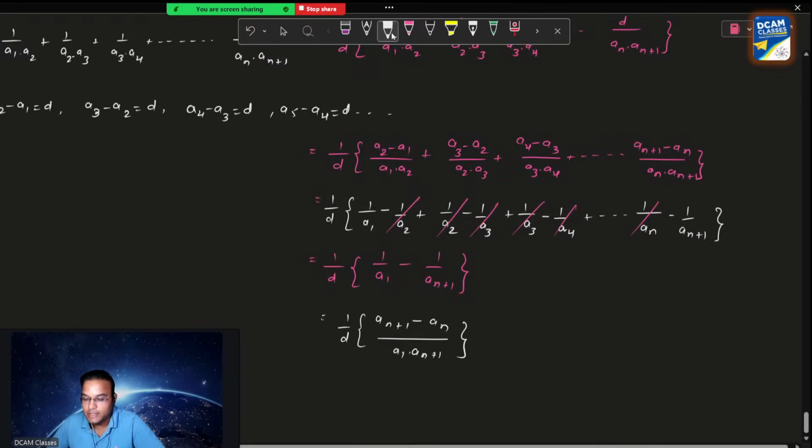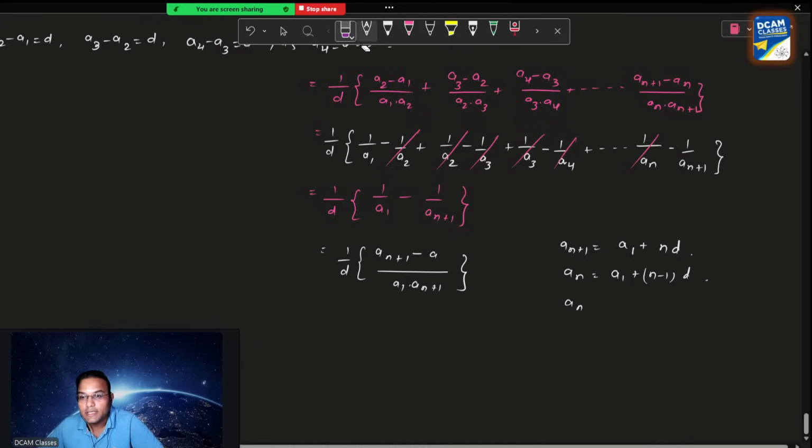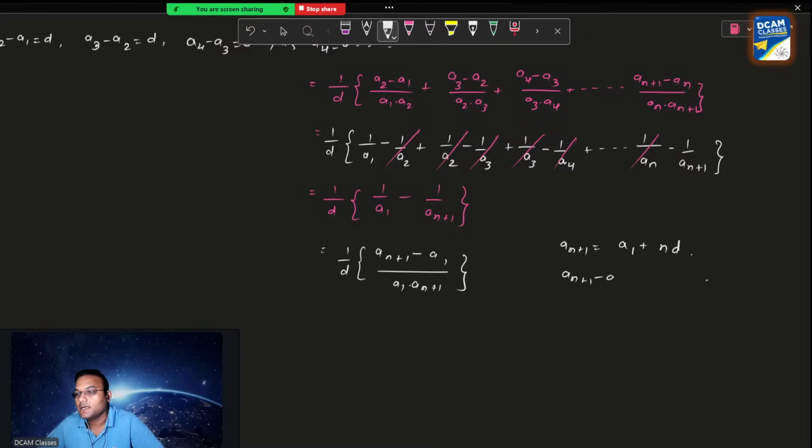Now an plus 1 is equal to a1 plus n into d, and an is a1 plus n minus 1 into d. So an plus 1 minus a1 will be nd.